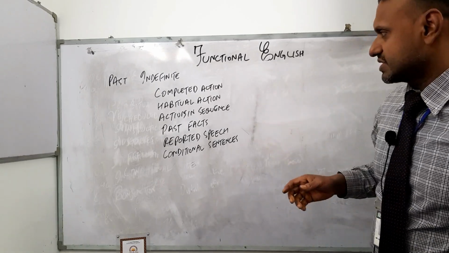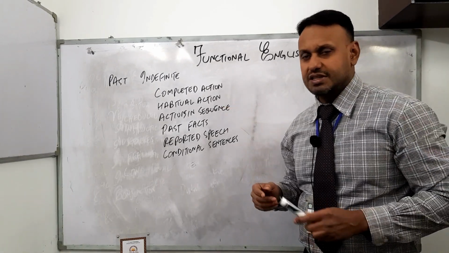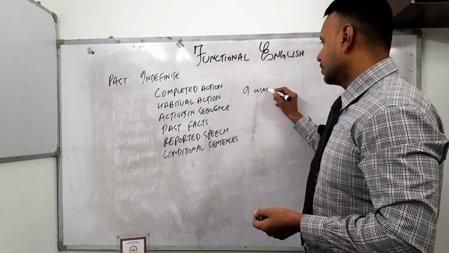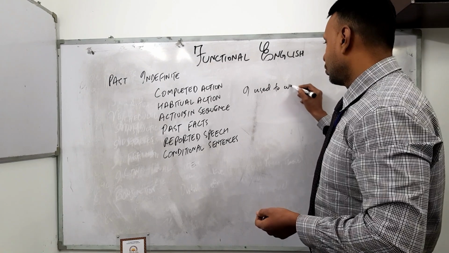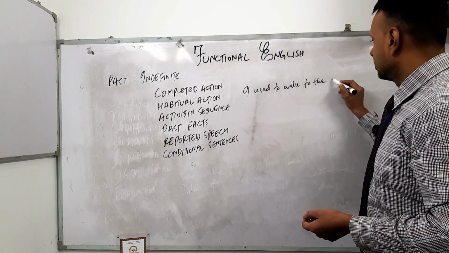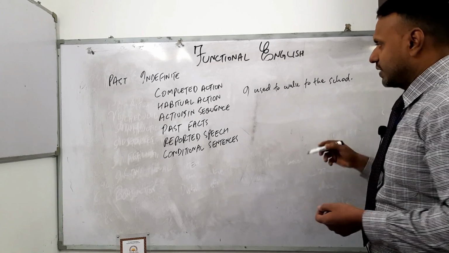So if we were to discuss a habitual action which was completed in the past, there's one way of writing, say, I used to walk to the school. That's one way of writing it.